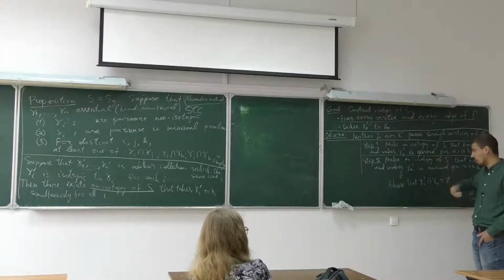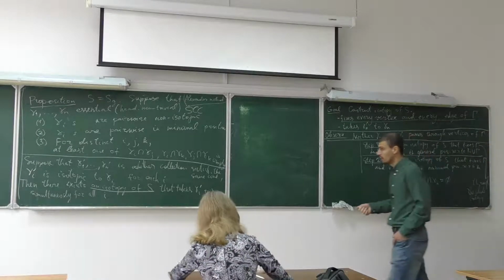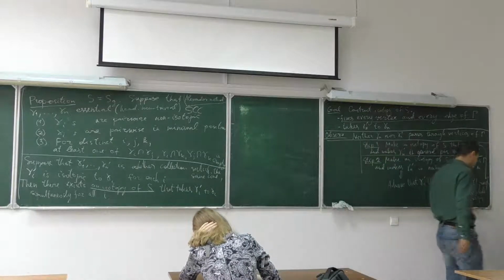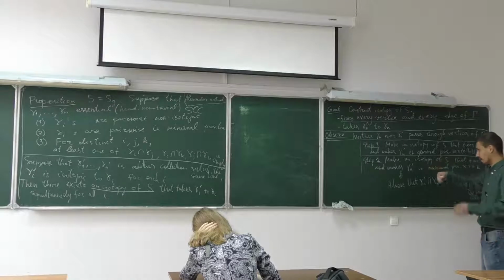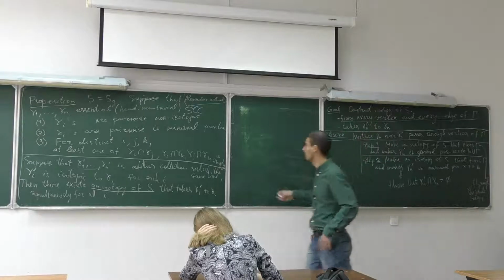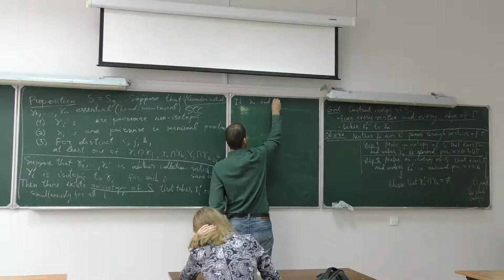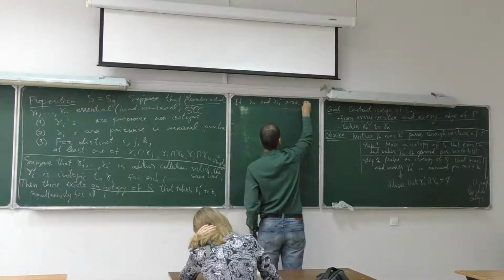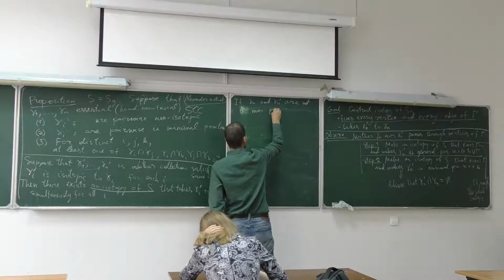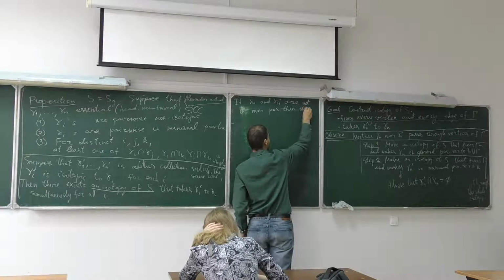So suppose gamma n prime and gamma n are not in minimal position. Then they form at least one bigon, and moreover they form at least one empty bigon.